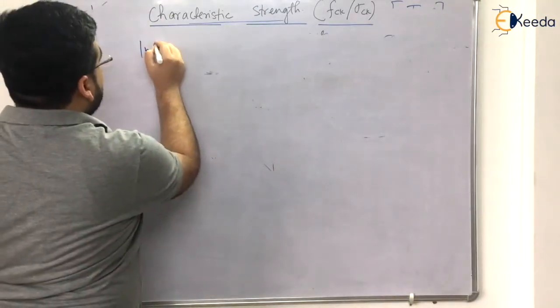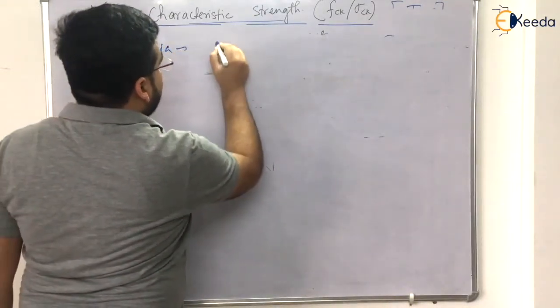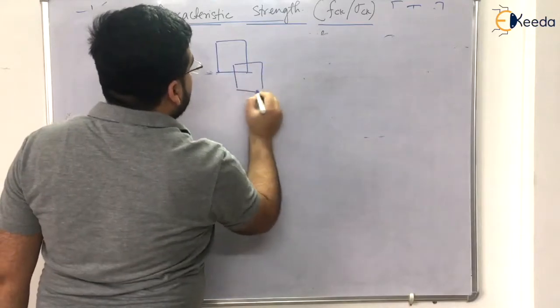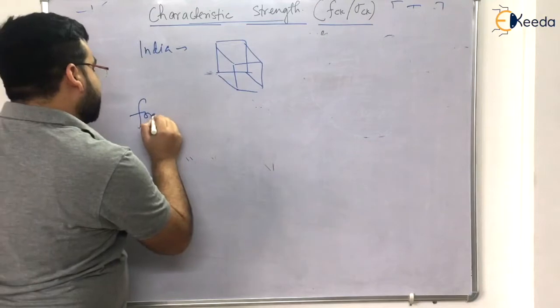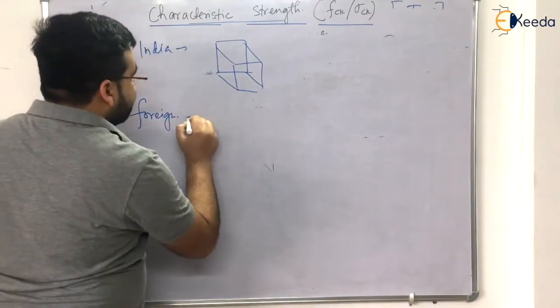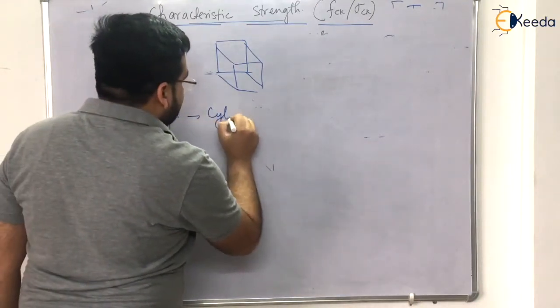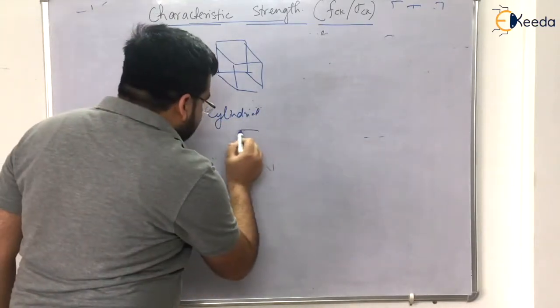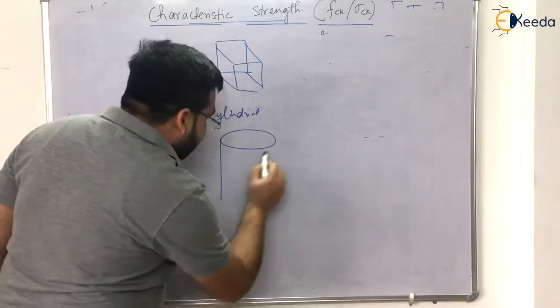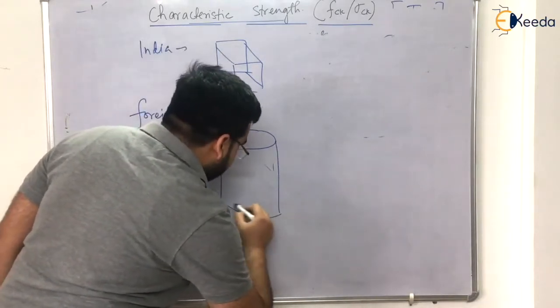So in India, we have a cubic specimen of 150 into 150 into 150, right? But in foreign countries, we have a cylindrical specimen. And the size of the cylindrical specimen is, the diameter is 150 and the length is 300 mm.